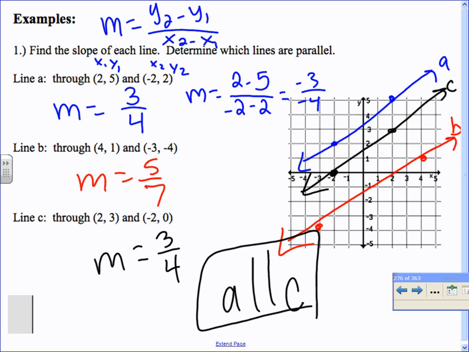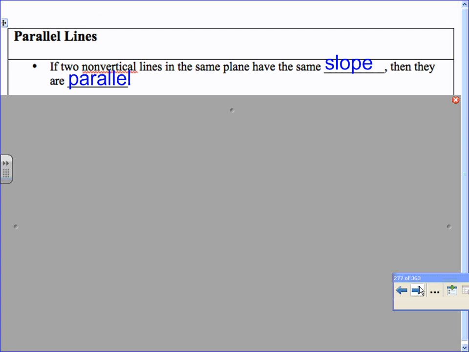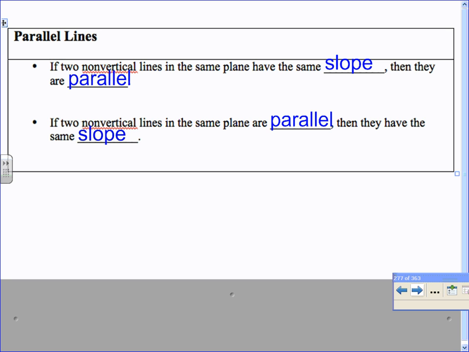Okay, next page, let's go to the top. Next page at the top, it says, for parallel lines, if two non-vertical lines in the same plane have the same slope, then they are parallel. Right here. And then, I think this is kind of unnecessary, but the second part says if two non-vertical lines in the same plane are parallel, then they have the same slope.